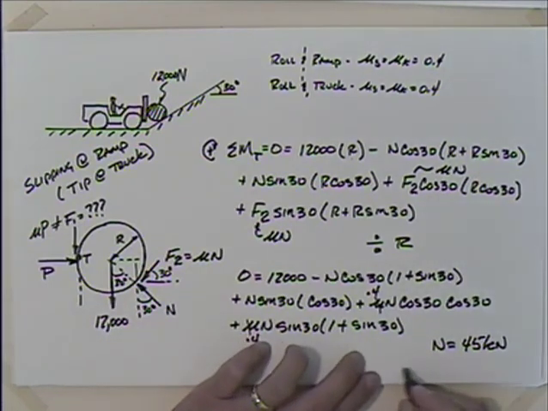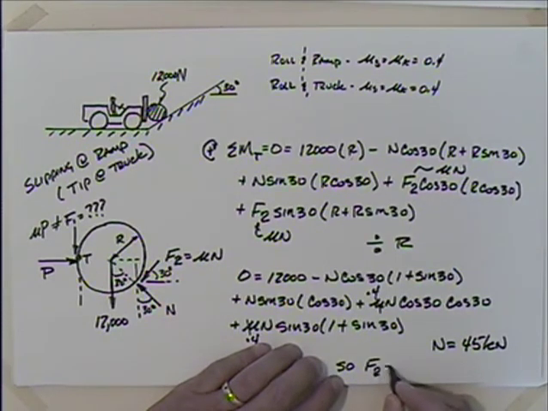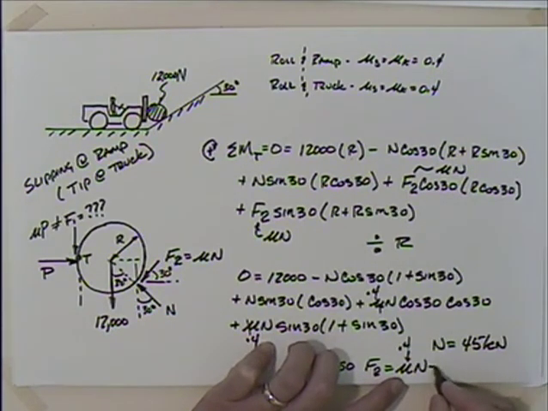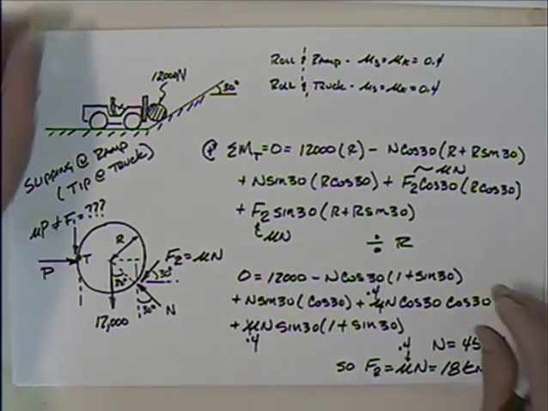So we could say then that F2 is equal to mu times N, which is 0.4. So 0.4 times the 45 gives me 18 kilonewtons.